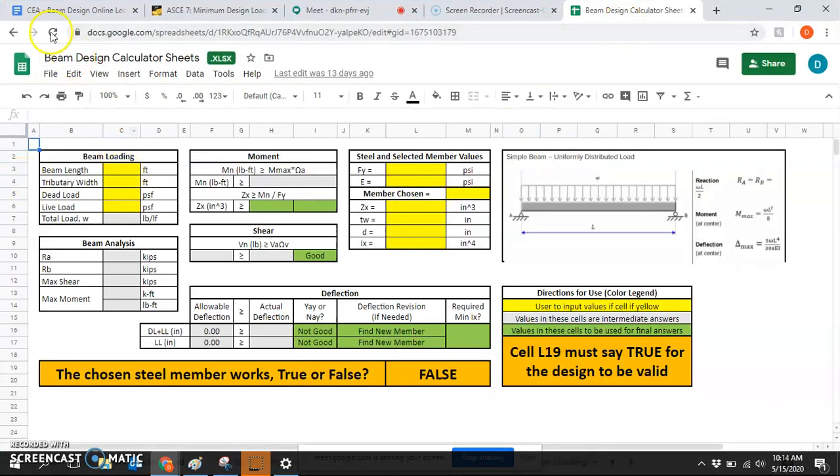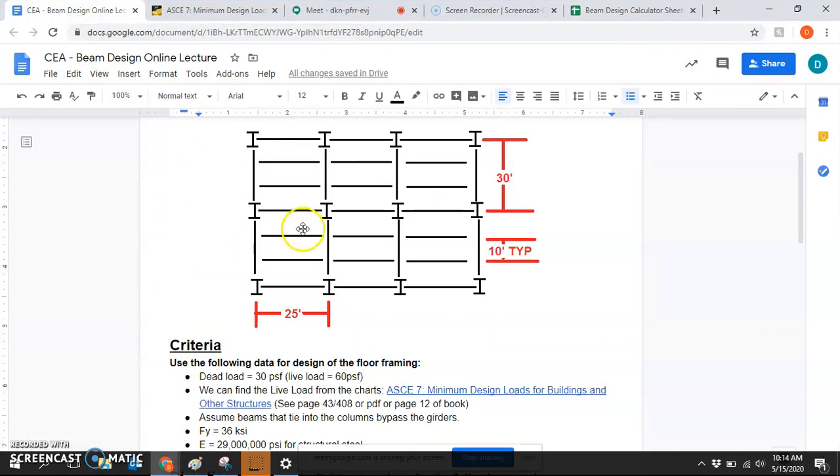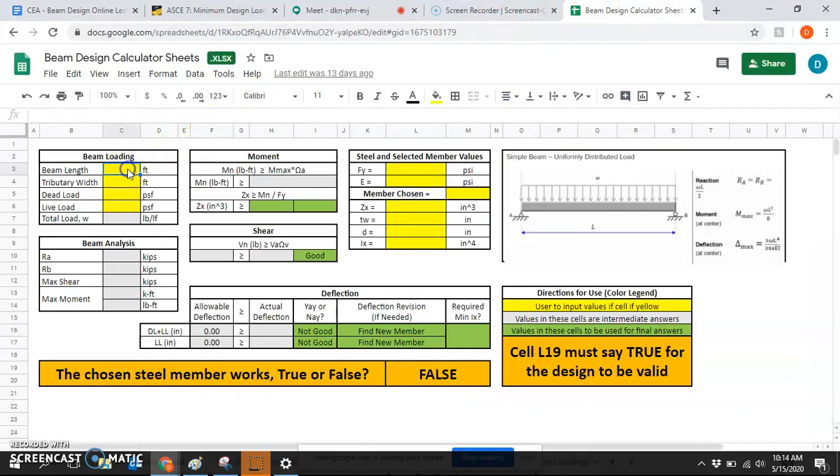Okay. So the beam length is how much? 25. The tributary width is, I think, where a lot of people are getting thrown off. Tributary width is the width that the beam is responsible for holding.